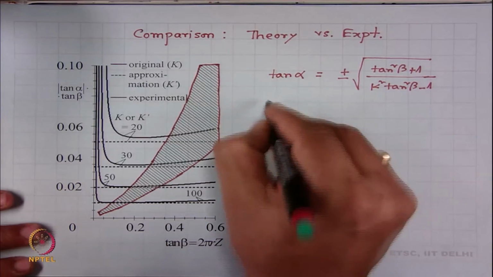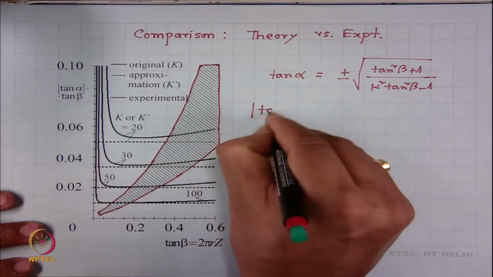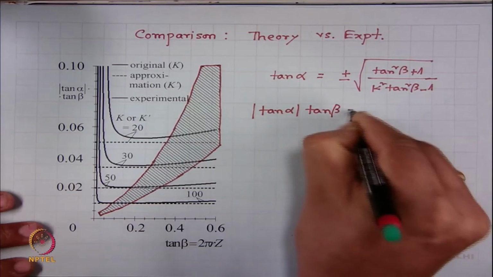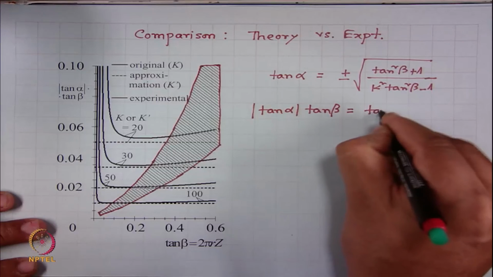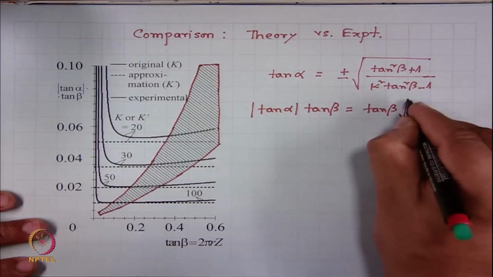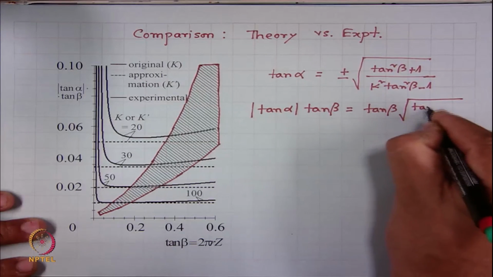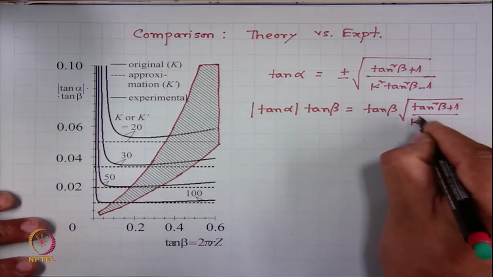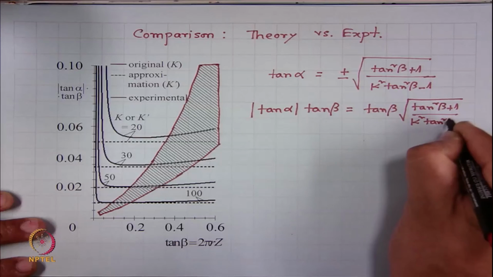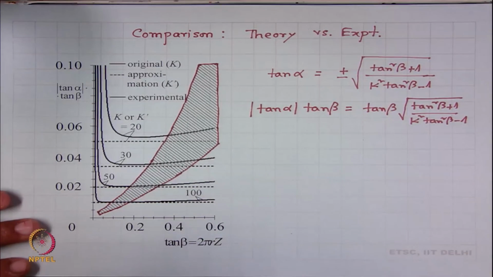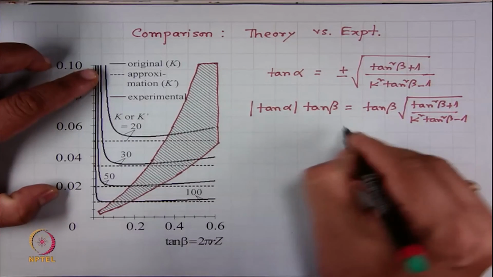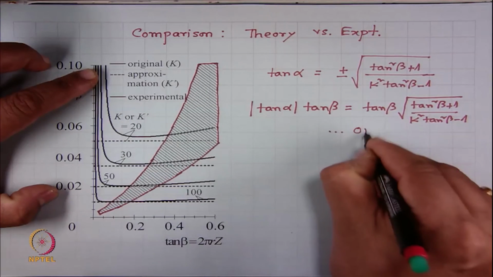Now, if we take the absolute value into tangent beta, this is basically the original.